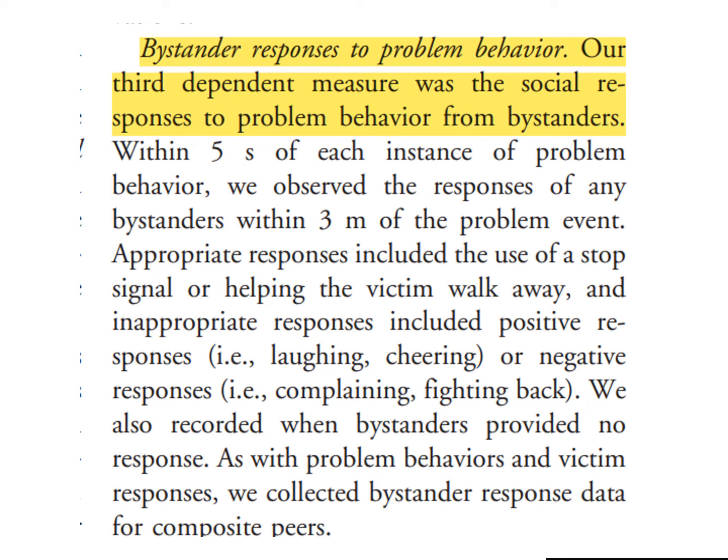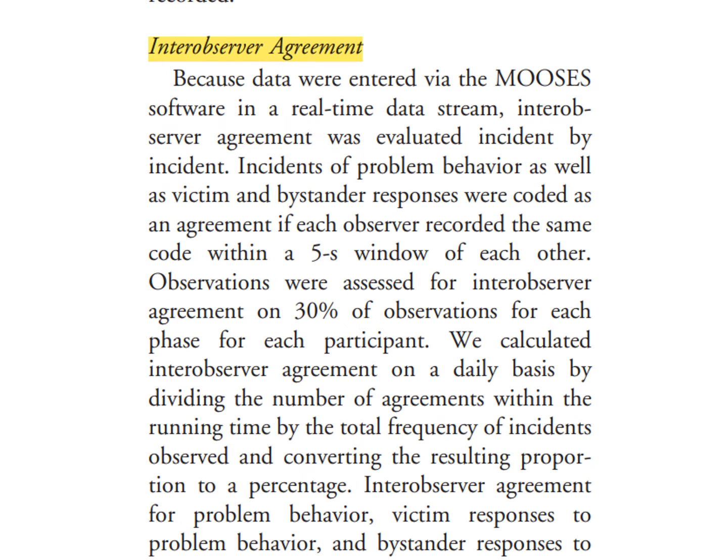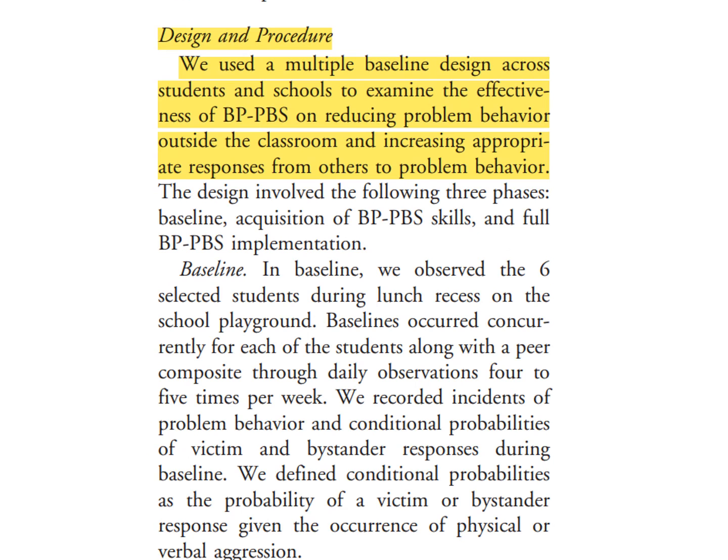So again, it's a description of what they're measuring. And then inter-observer agreement is often in research studies, especially in applied behavior analysis and special education. It just clues you in that they're really serious about what they're doing, and they're very careful about how they're implementing research, measurement, and implementation.